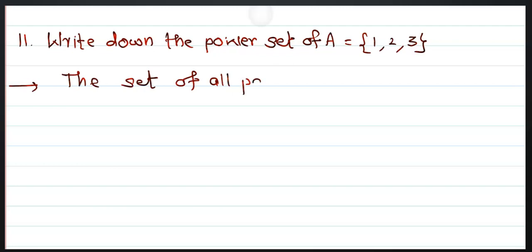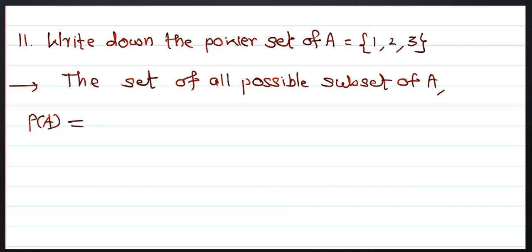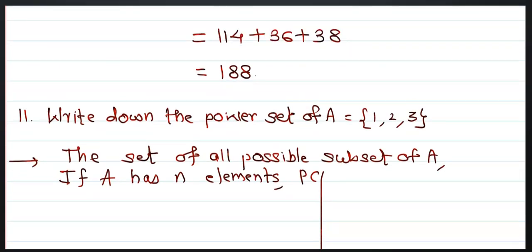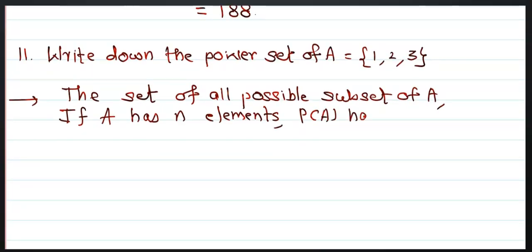The power set is the set of all possible subsets of A. If A has n elements, then P of A has 2 raised to n elements.